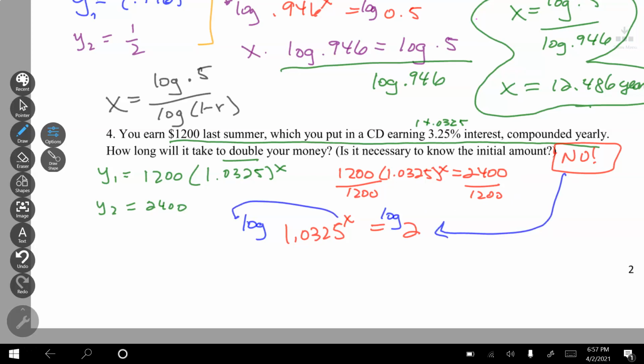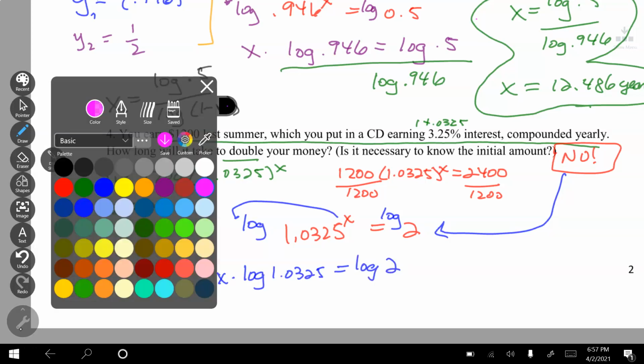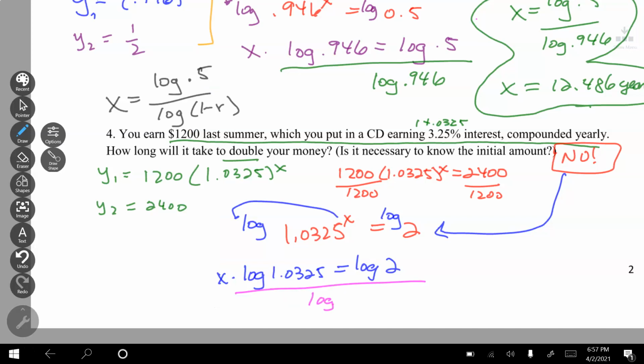The x moves up front. x times log of 1.0325 is equal to log of 2, because it's double. I divide by log of 1.0325, so x equals log of 2 over log of 1.0325. I put this in the calculator, and I get 21.672 years.